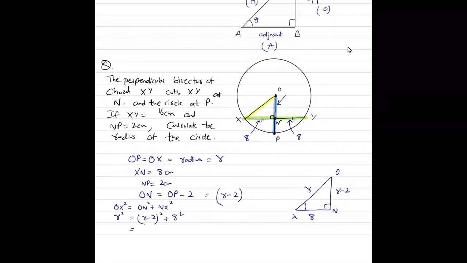You're going to simplify this and get R square equals R square minus 4R plus 4 plus 64. R square can be cancelled. 4R comes out to be 68. So R comes out to be 68 upon 4, that is 17 centimeter. This is one of the applications of Pythagoras theorem. So you were able to calculate the radius.